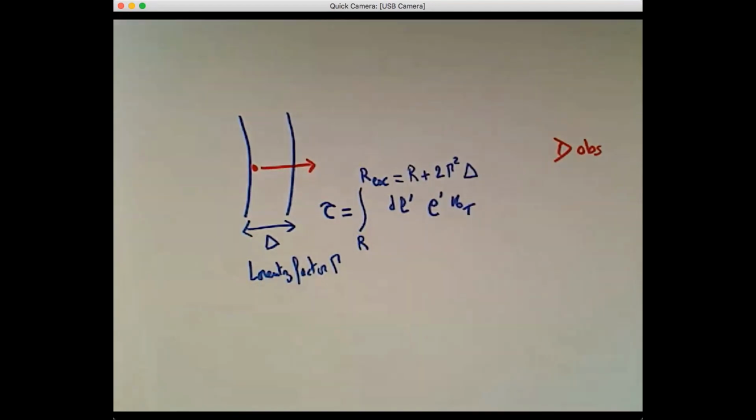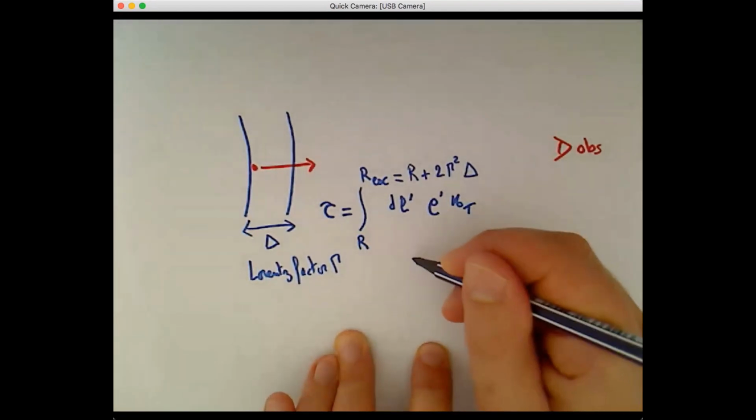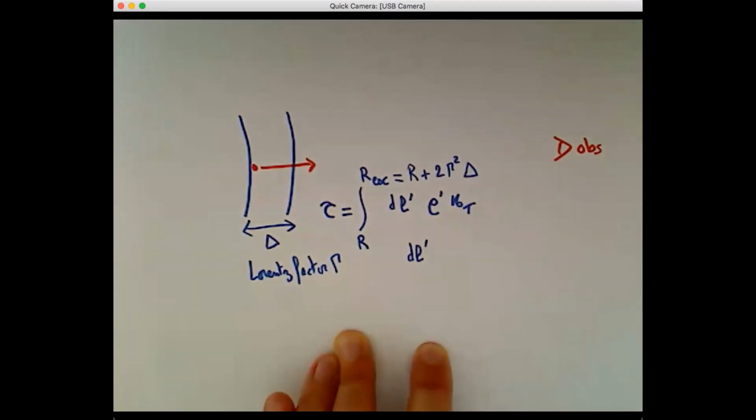For those who are not familiar with the concept of opacity, in astrophysics, an opacity is a cross-section per unit mass, whereas a cross-section is a cross-section per particle. Okay. So let's compute the length dl prime.